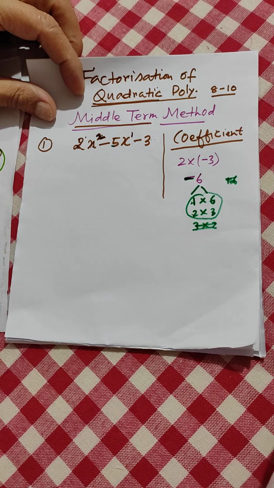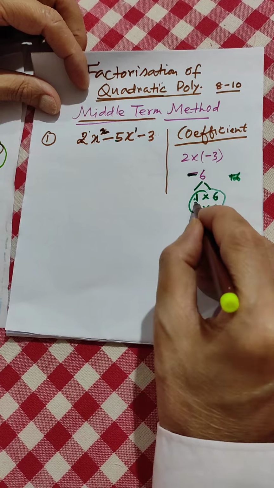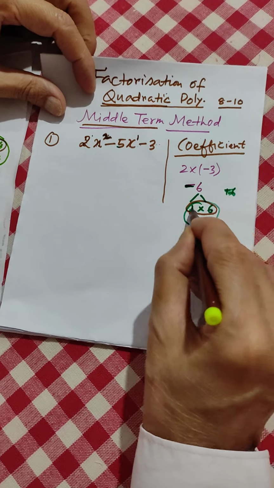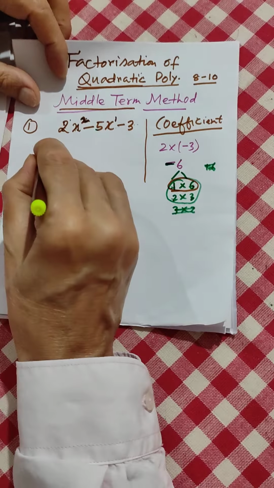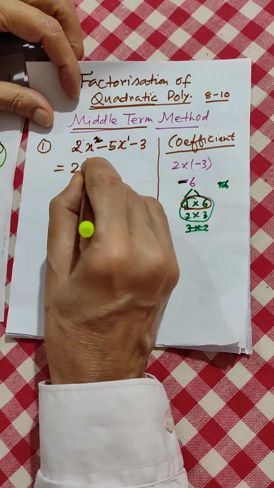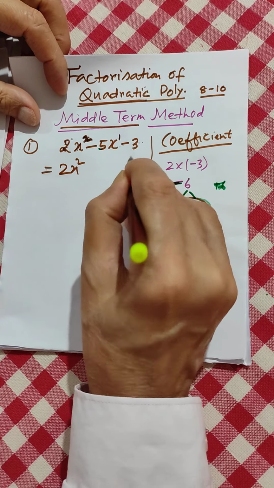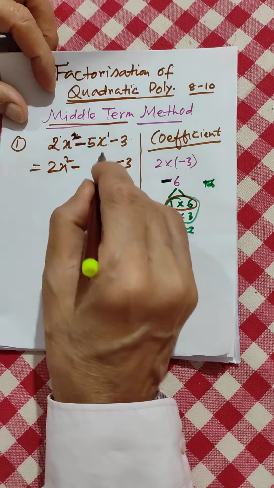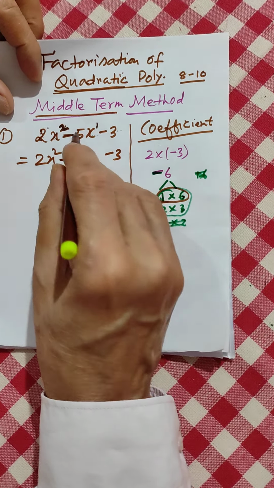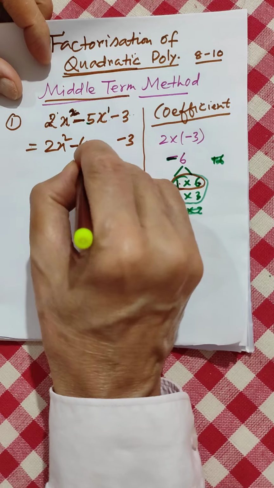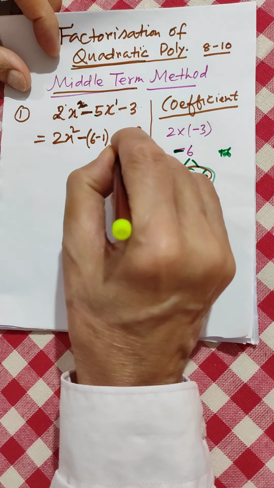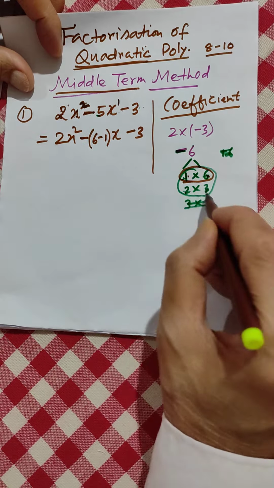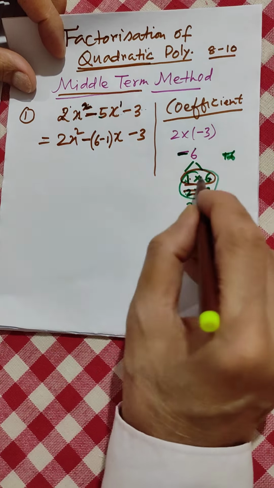So this is minus 6, therefore we will take this pair because the difference of 6 and 1 is 5. So 2x square as it is, minus 3 as it is. Now in place of this 5, minus remains as it is, x remains as it is. Only in place of 5, we will write 6 minus 1, x. So we will not write 2 and 3, we will write 6 and 1.